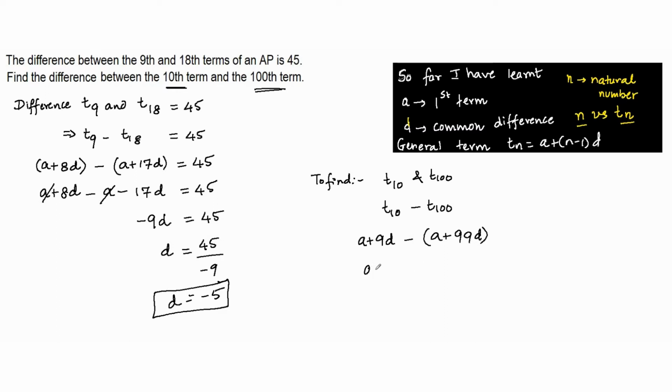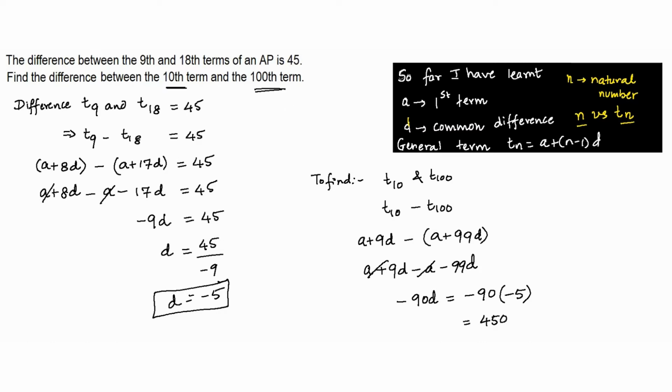And now when I find the difference, I get A plus 9D minus A minus 99D. Now A minus A again cancels and therefore this becomes minus 90D. Now the value of D is known, so this is going to be minus 90 times minus 5, which is 450. And hence I can say that the difference between the 10th term and the 100th term is 450.